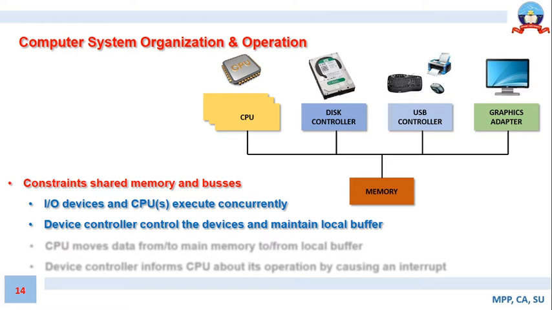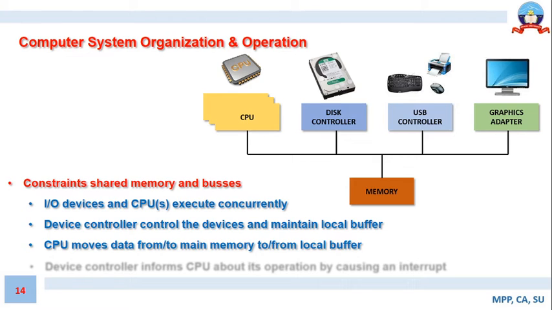The buffers that are there in the device controllers are used to maintain local data that is to be communicated between devices that are operating at different speeds. So the CPU moves the data to and from main memory and the local buffer. So data exchange takes place between the main memory and the buffer that is associated with each and every device.